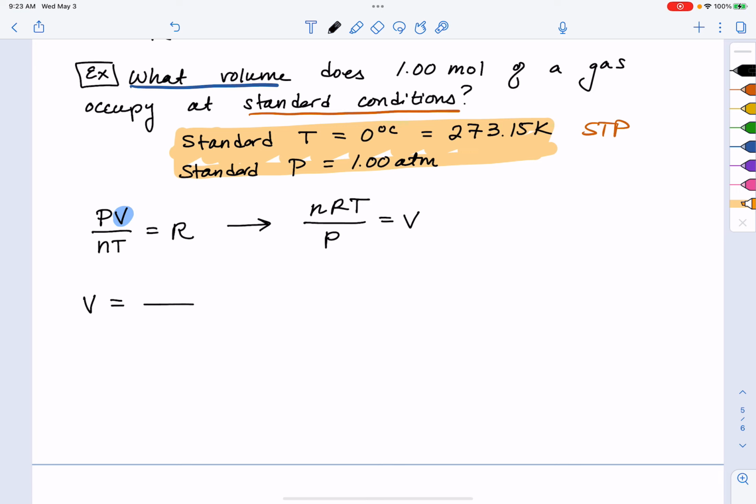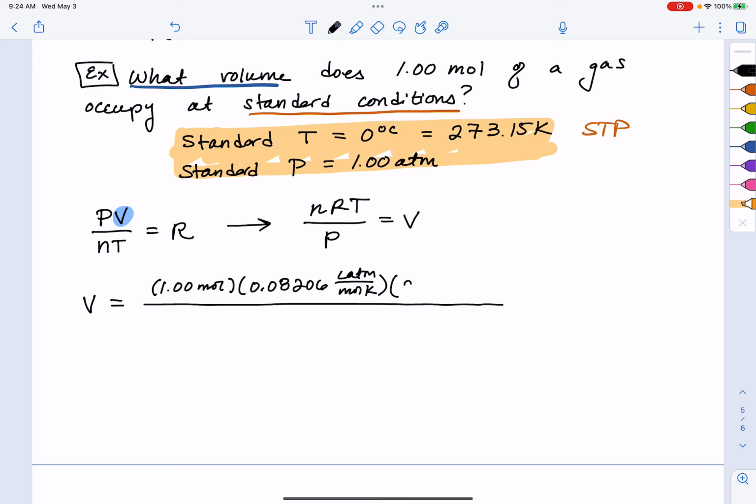Okay, so this is equal to N, so I told you it was 1.00 moles of a gas, times R, this is our gas constant, so 0.08206 liter atmospheres per mole Kelvin, times our temperature, which is 0 Celsius or 273.15 Kelvin, over standard pressure, which is 1.00 atmospheres.